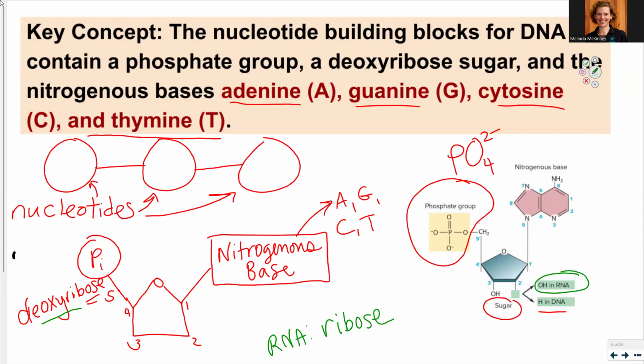The only difference between these 2 sugar molecules is the presence or absence of an oxygen. And then for RNA, the bases are quite similar. We have adenine, guanine, cytosine, but then instead of thymine, we have a base called uracil. So that's really the big difference here.